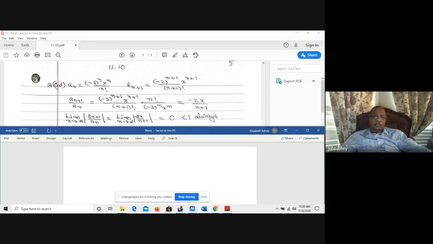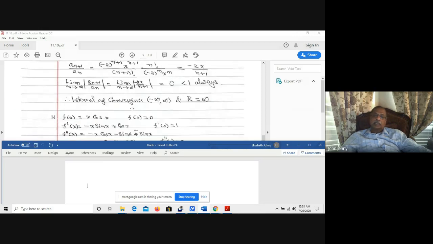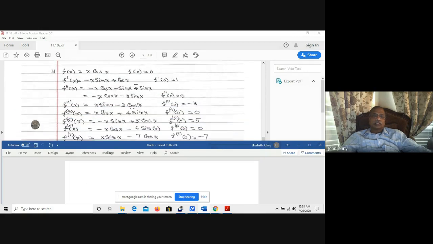So the limit as n approaches infinity of the absolute value of n plus 1 over n is the limit of 2x over n plus 1, which is 0, because the denominator is infinity. That is always less than 1. Therefore, the interval of convergence is negative infinity to infinity, and the radius of convergence is infinity.